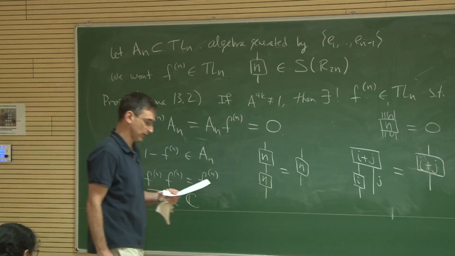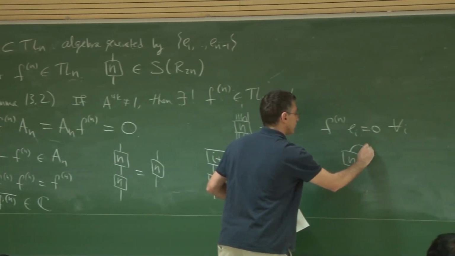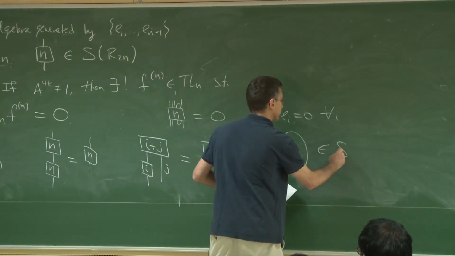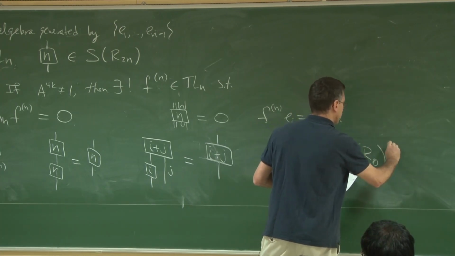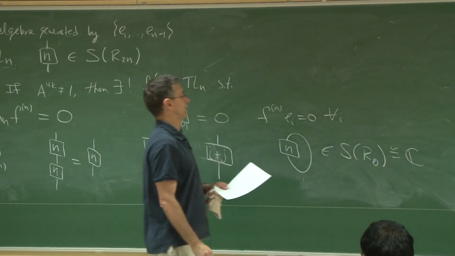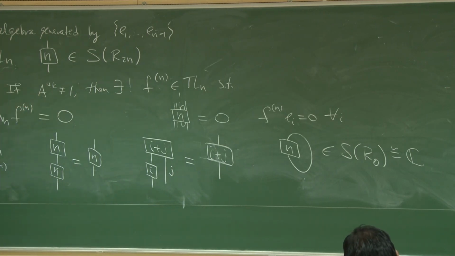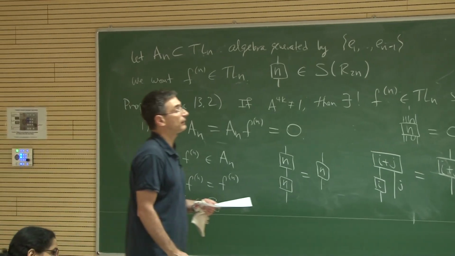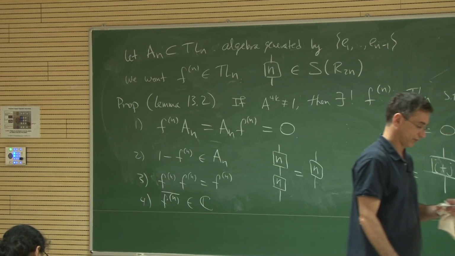That fourth statement is the statement that if I take a little box and close it, then this is an element of S of R0, which is C. All right, so these are the properties that Licorice proves. We have some examples on the board here, which are essentially from him.